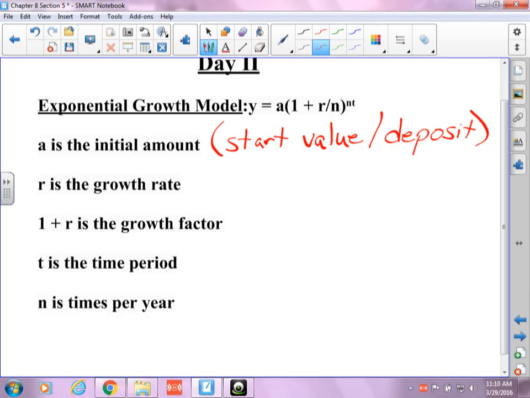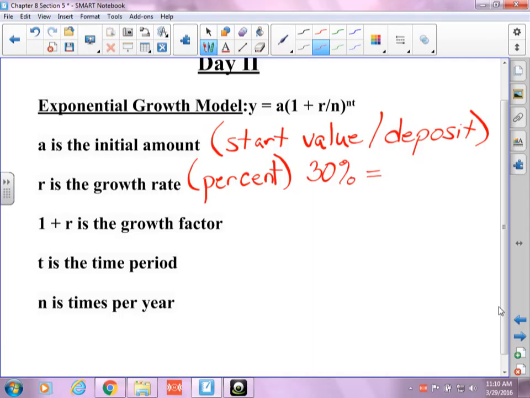So you need to make sure that you write this down. They don't do a great job of that in your book. Okay. R is your growth rate. Another way of looking at it is it's the percent. And so if I have 30%, you need to write it as a decimal.